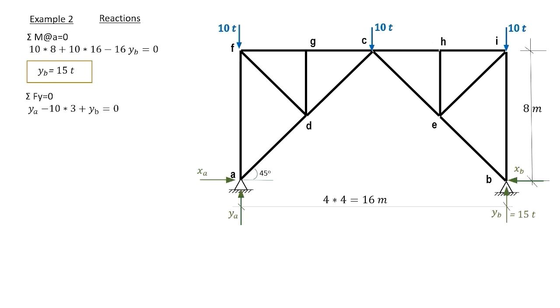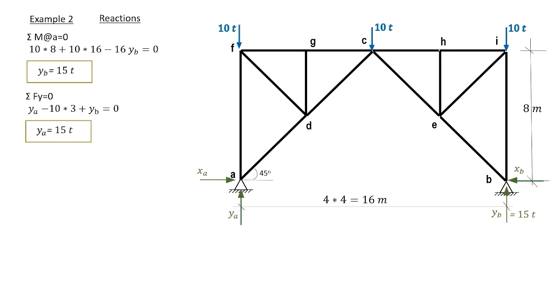Sigma forces in the Y direction equals 0. We consider all forces in the Y direction, YA and YB heading upwards and having the same sign. The 3 10 tons heading downwards and have an opposite sign, noted here as minus 10 by 3.